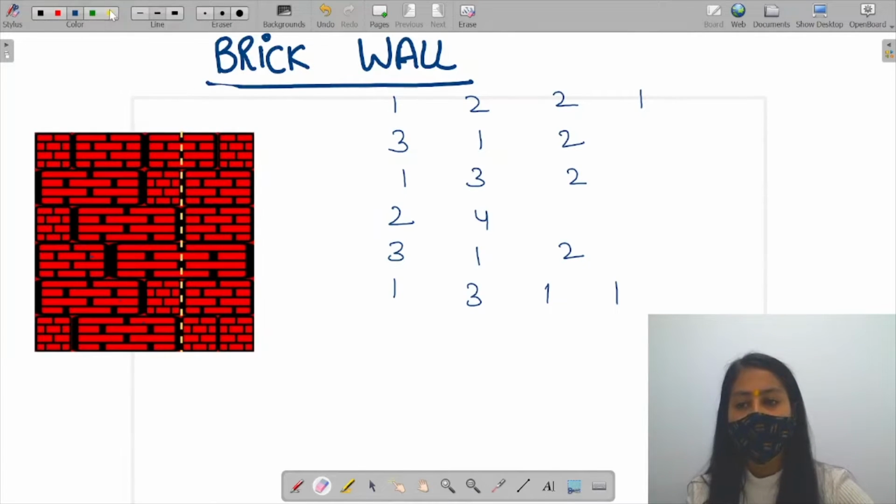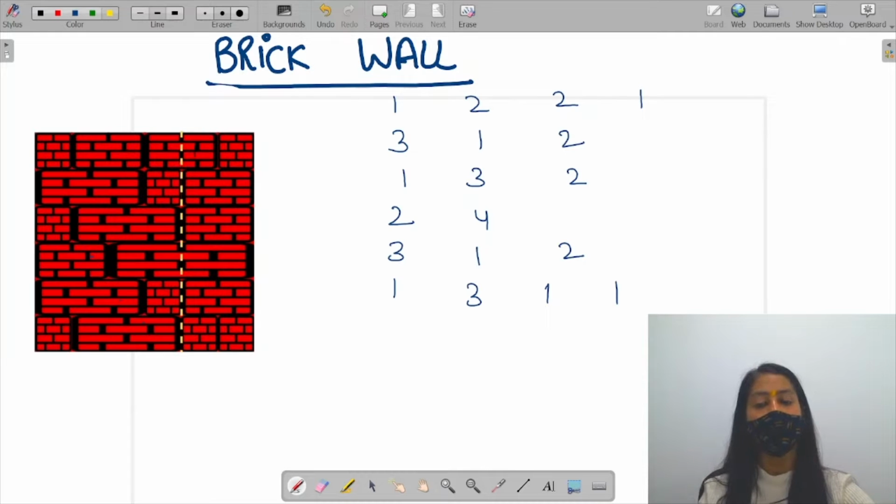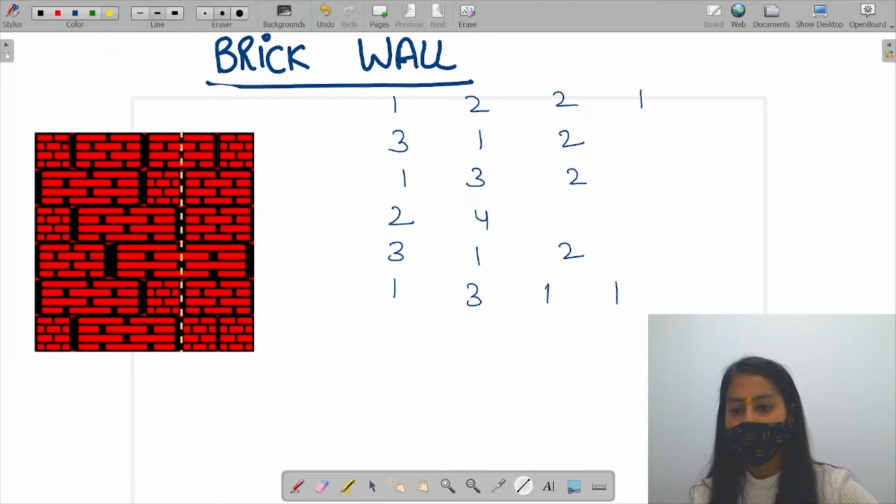So we have to draw a line such that it will have the minimum brick rows. It is passing through the minimum bricks, and we have to return that number, that is the total minimum number of brick rows, right?